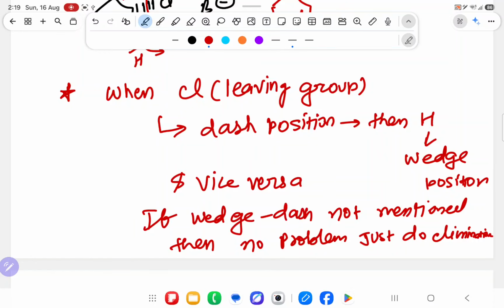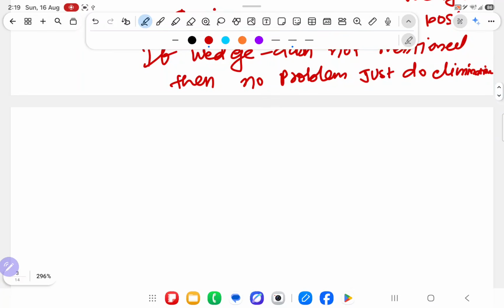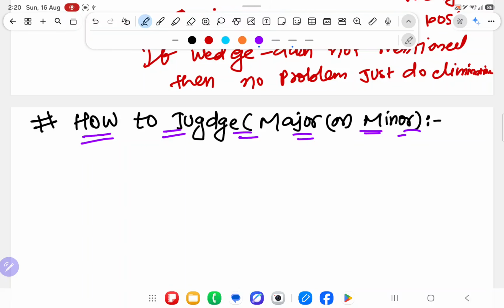If it is mentioned, then only we will check the anti-elimination. Now the next part of the topic: how to judge what is the major product or what is the minor product, which one is major and which one is minor.